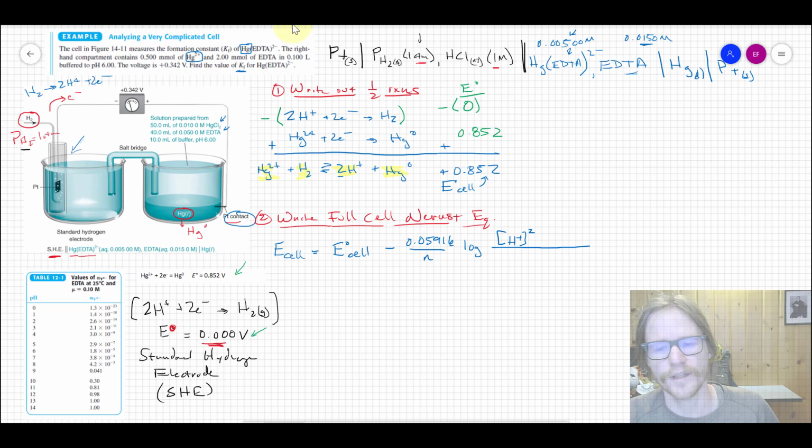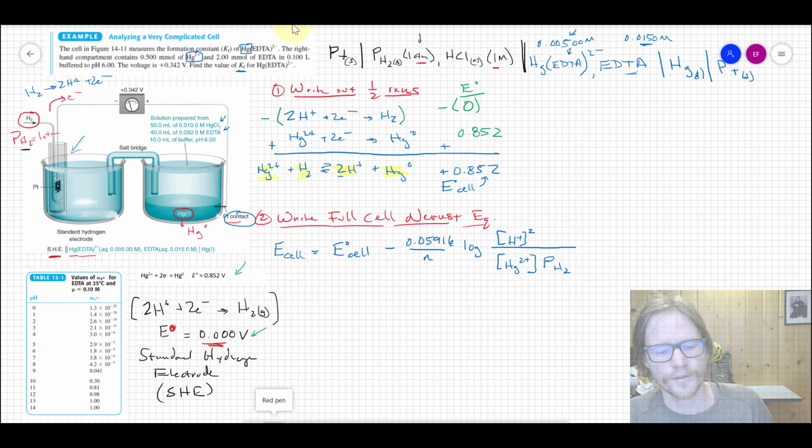And then in the denominator we have mercury 2 plus ion, and then we have the pressure of hydrogen gas down here. So anytime you have gases, we're talking about pressures of those things. That's true in all equilibrium equations, which I talked about in chapter 6 video. Okay, so this is our full cell equation.